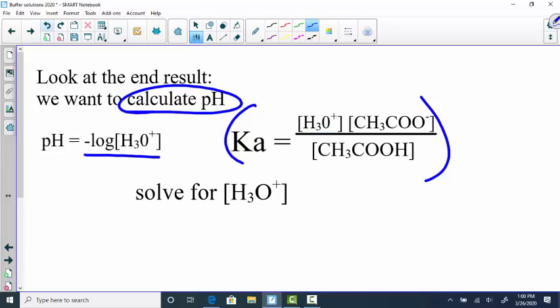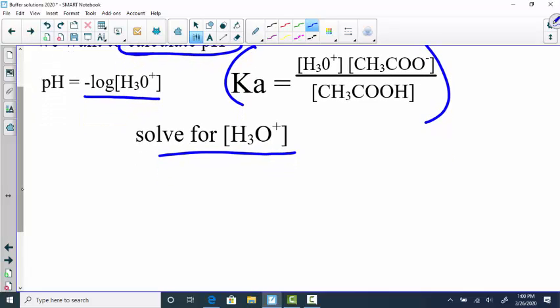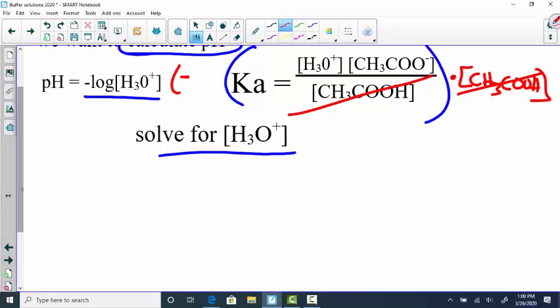And what we're going to do is solve this for H3O plus. If we're going to take this equation and solve it for H3O plus, that means I would have to multiply both sides by the CH3COOH concentration. That would cancel that, and I have to do that over here. I'm going to rewrite what I have.